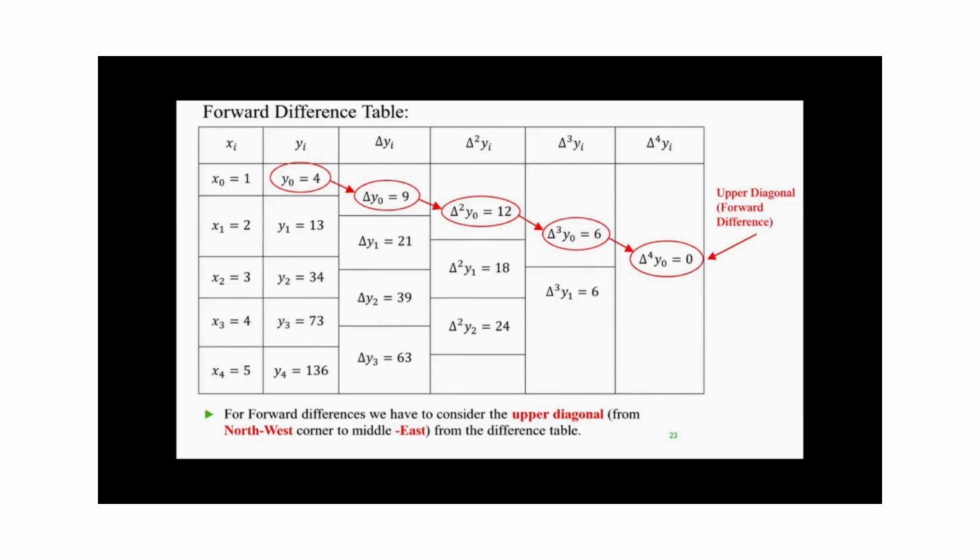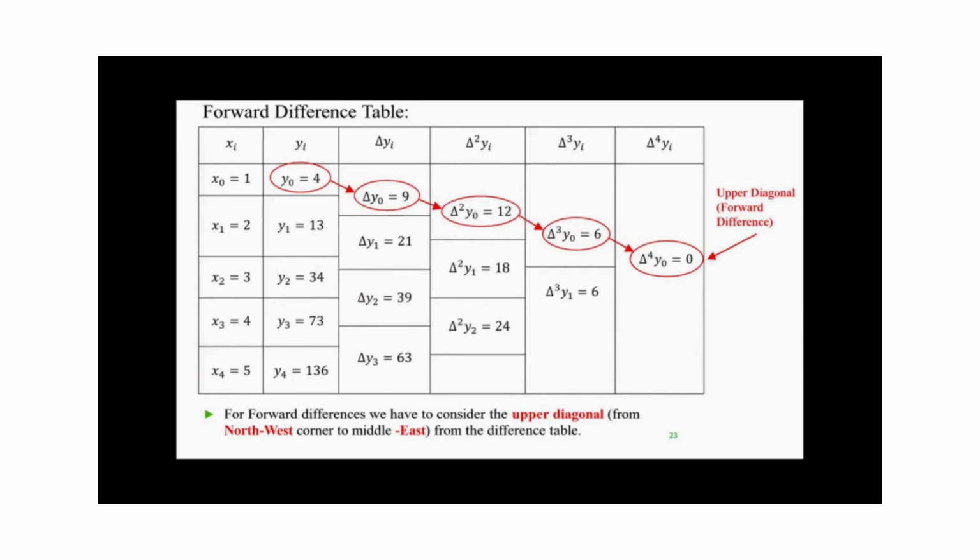The first forward difference is calculated by subtracting consecutive y values, that is 13 minus 4 equals 9. Then 34 minus 13 equals 21. So 73 minus 34 equals 39. Then 136 minus 73 equals 63.